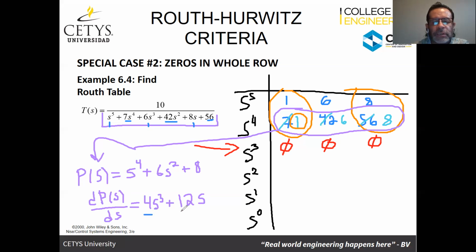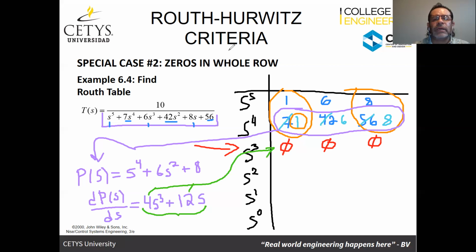Okay. And what we're going to do is grab these two coefficients that we've got here, and we're going to substitute them into the row that was eliminated. So we're going to grab these two, particularly the two coefficients, and substitute them here.